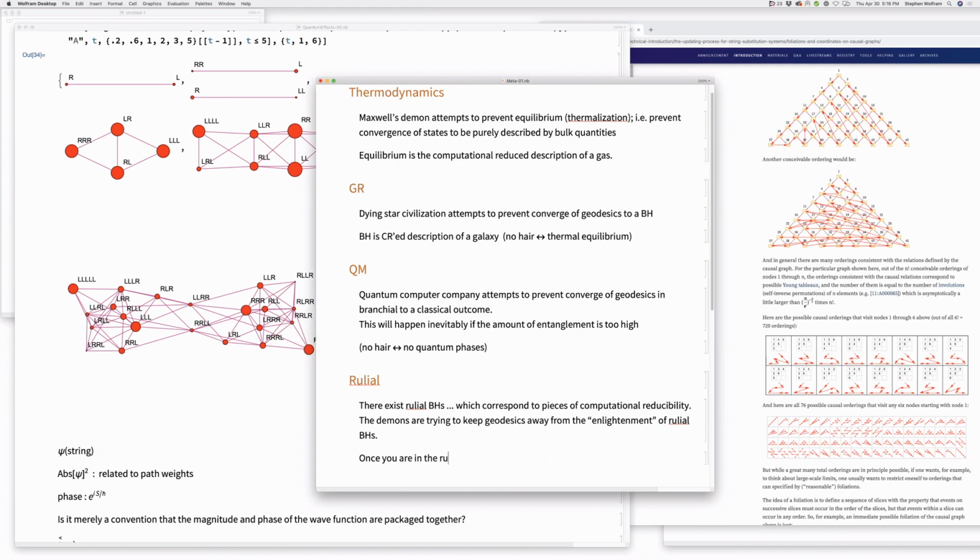So, okay, do all the irreducible computations around it. But so, the thing that surprised me, okay, what will cause you to inevitably fall into a Rullial black hole?